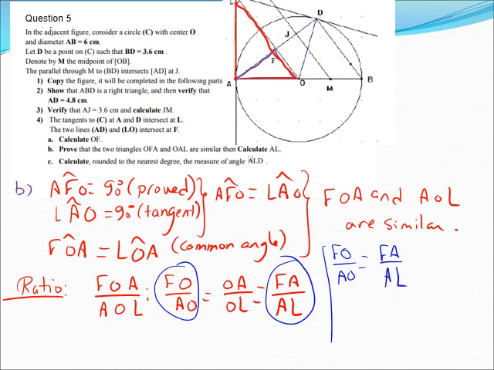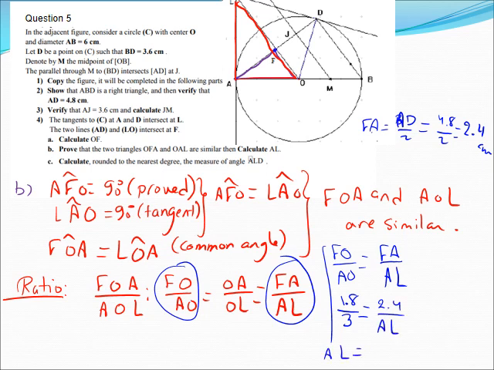FO is equal to 1.8, AO is 3. F is the midpoint of AD, so FA equals AD over 2, which is 4.8 over 2 equals 2.4 centimeters. 1.8 over 3 equals 2.4 over AL.